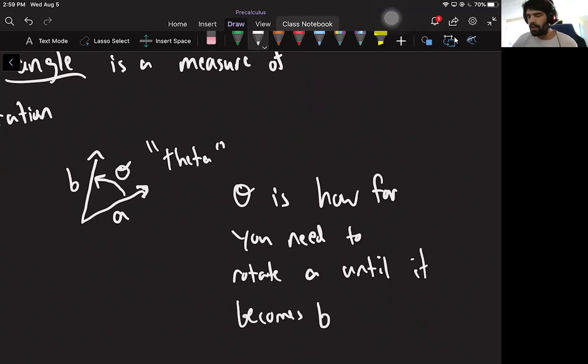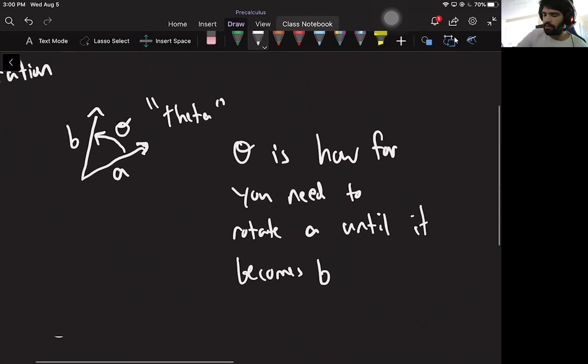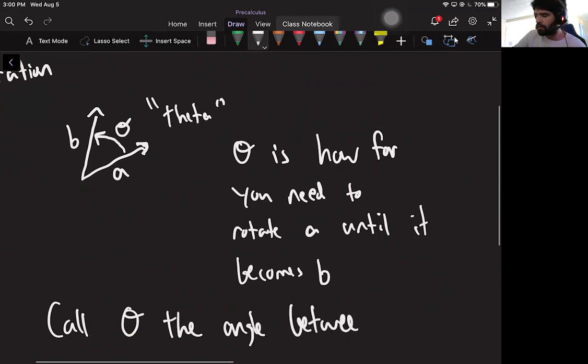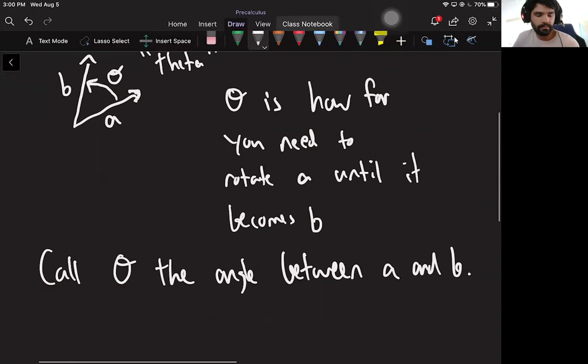It's how far that rotation is. So then we call theta the angle between the two lines that you're talking about. So in this case, between A and B. That's how you use this new notation.